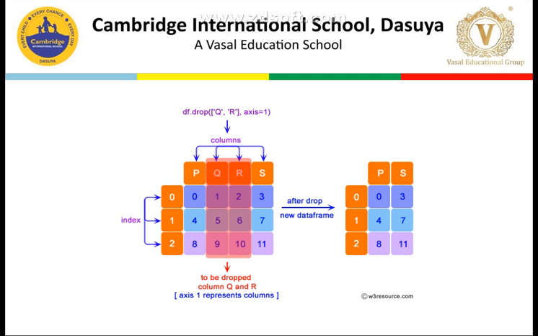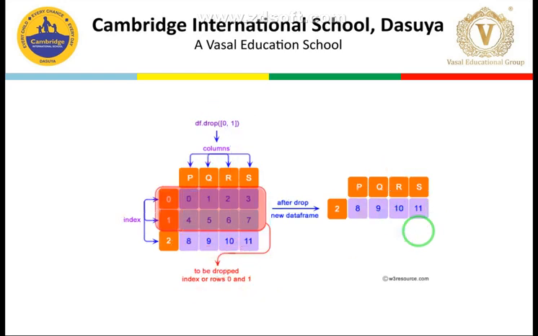First we deleted the columns Q and R, and we mentioned axis equal to 1. Axis equal to 1 means we are deleting columns. That's why Q and R were deleted, and on the right hand side you can see the resultant data frame. This is how we can delete columns.